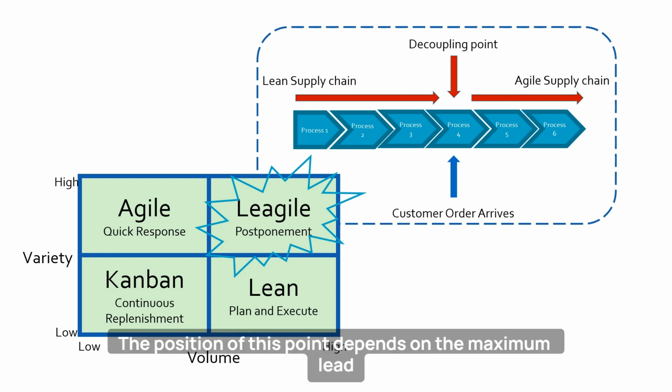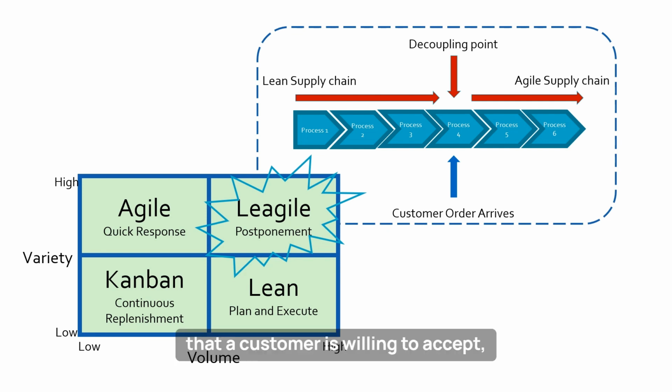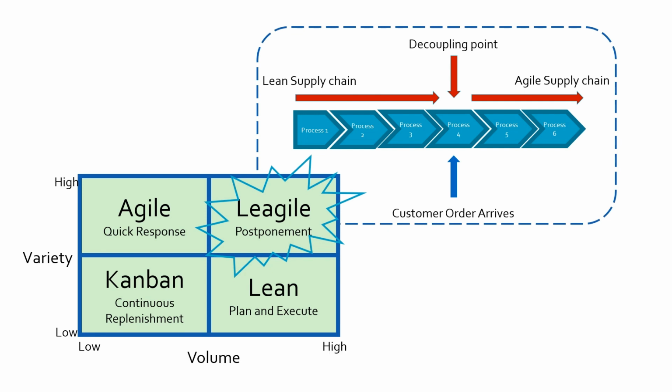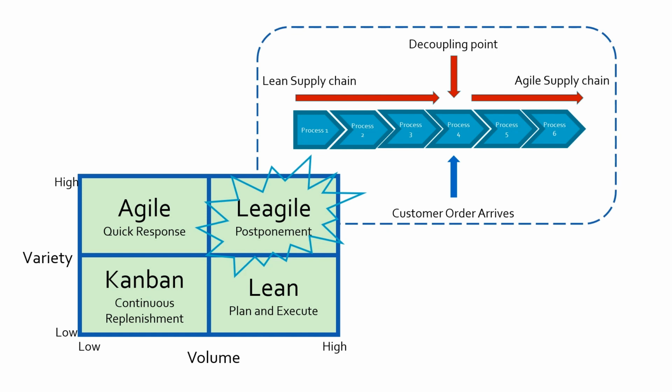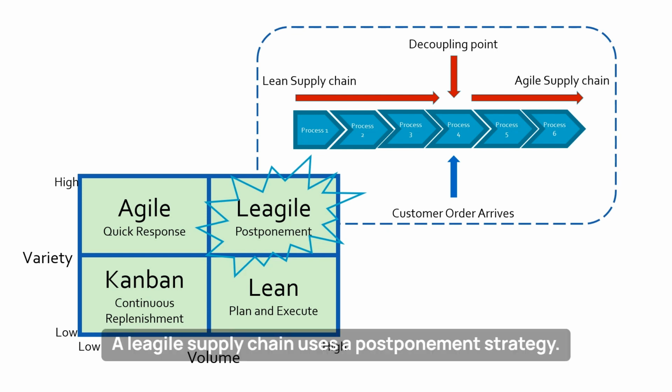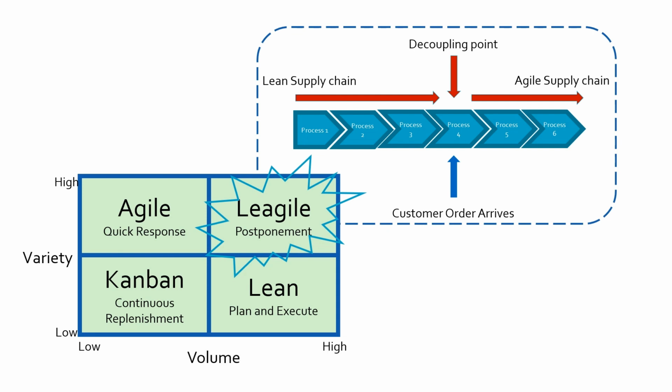The position of this point depends on the maximum lead time that a customer is willing to accept, and the point where product demand variability becomes dominant. A leagile supply chain uses a postponement strategy. The goal of the postponement is to delay the customization as late as possible in the supply chain.